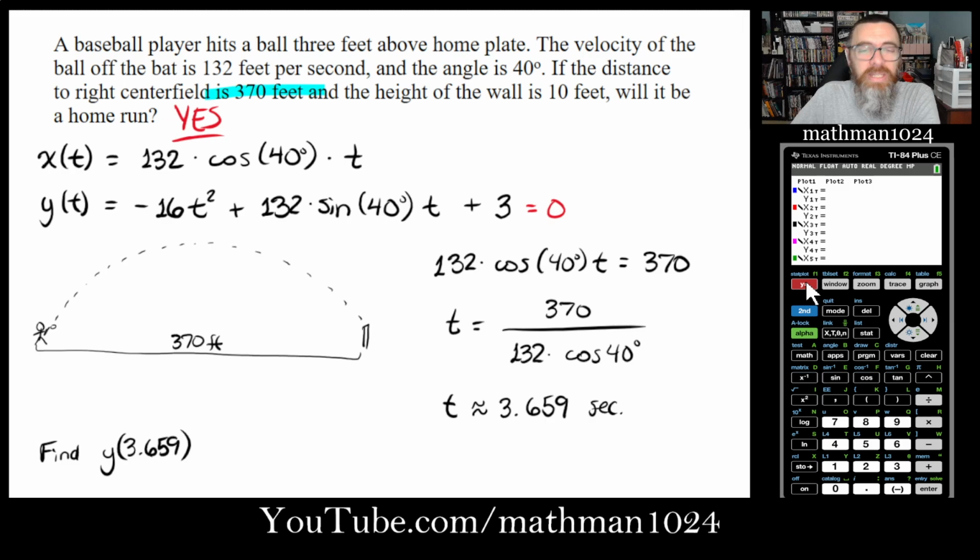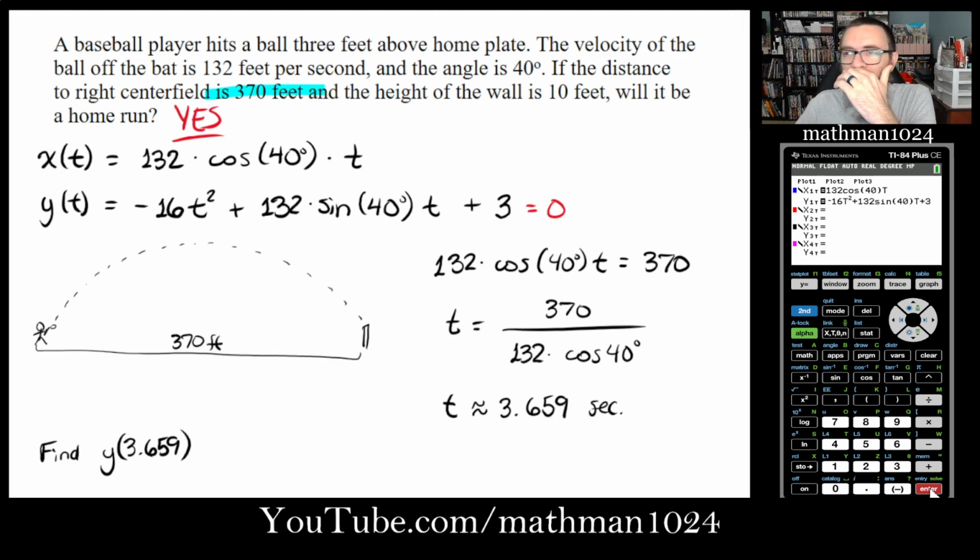But let's graph this and see if we can get a good idea about what's going on. And we'll do 132 cosine of 40 degrees t, negative 16 t squared plus 132 sine of 40 degrees t plus 3.